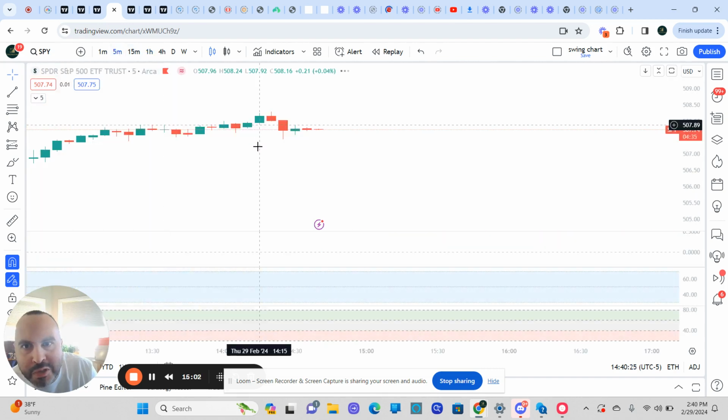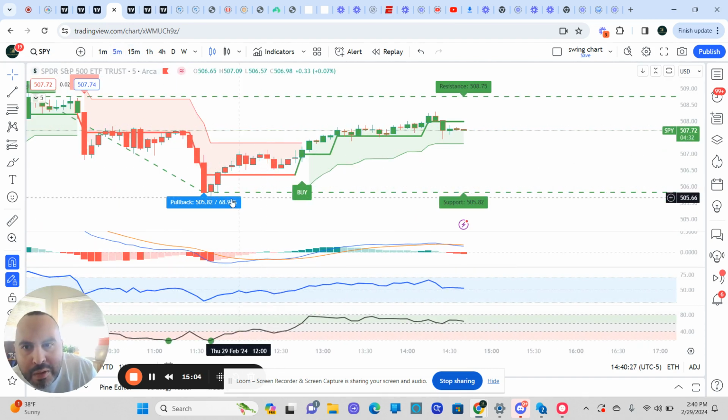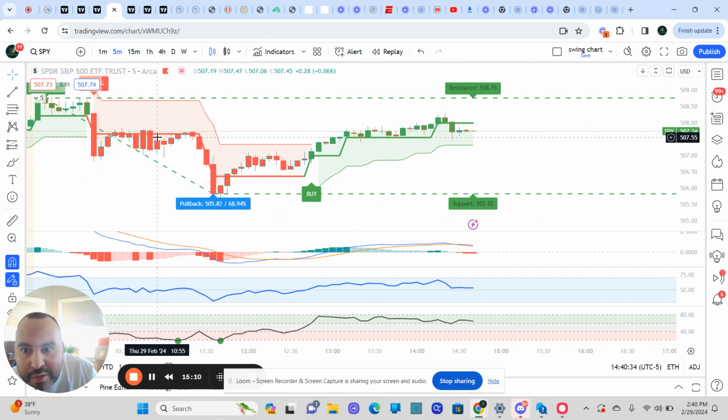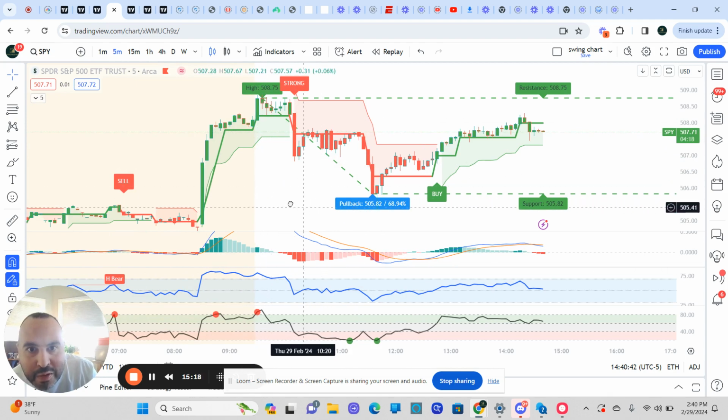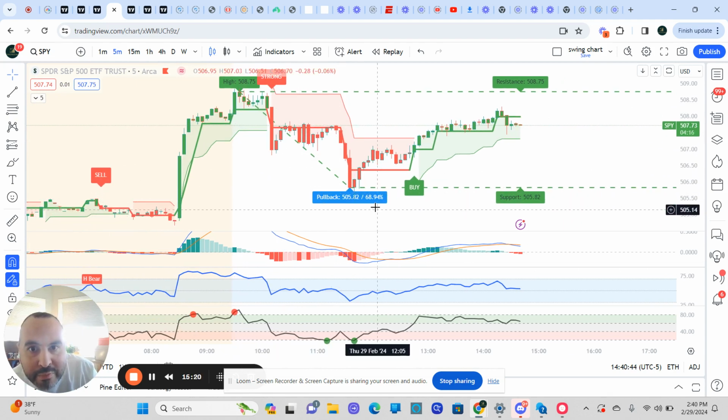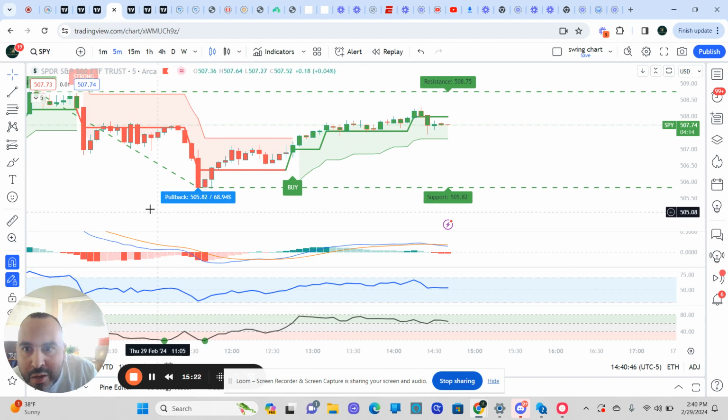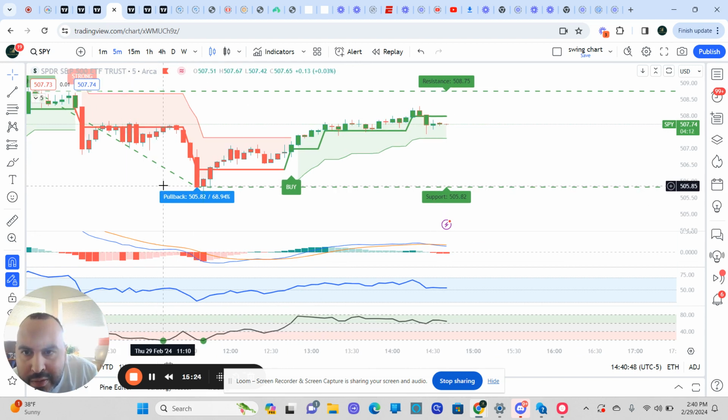So we're going to move to the 5 minute chart here to zoom in a little bit. And let's see where we're at. Okay, so we had this big sell off this morning after that rip after the inflation data came in, and we found support here.